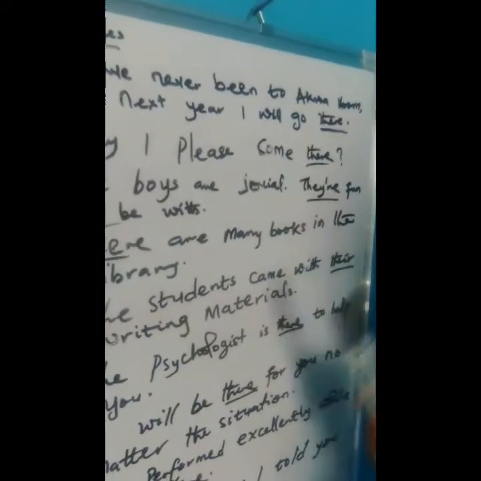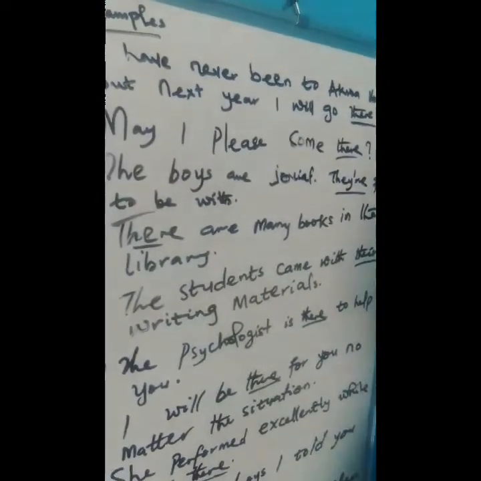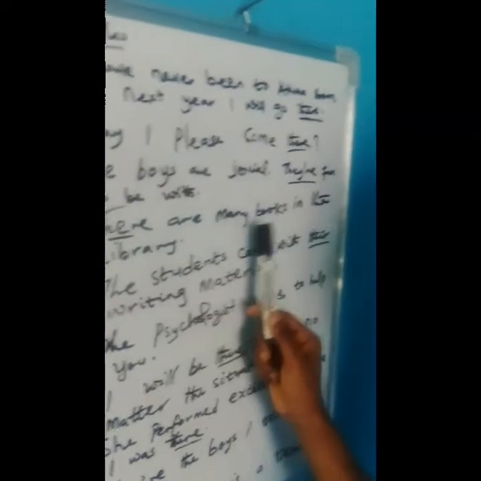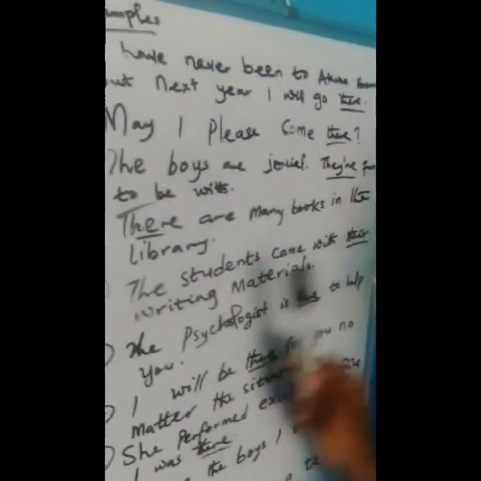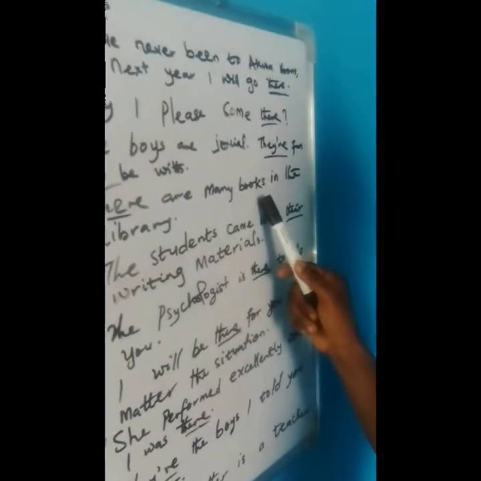Number 4 example we have. There are many books in the library. Now, there at this point functions as a pronoun referring to books.